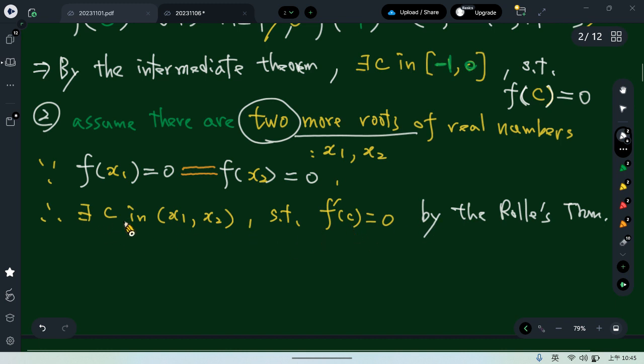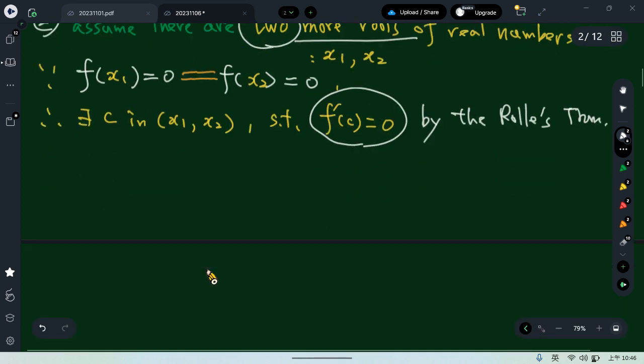Rolle's theorem tells us that if we can find two different points that have the same function value, then we can find c between x1 and x2 whose derivative should be 0, right?